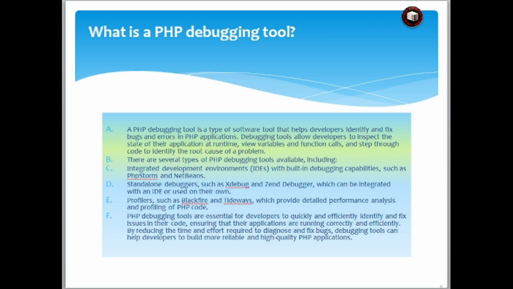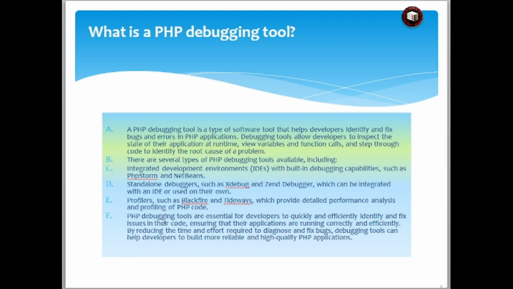There are several types of PHP debugging tools available, including integrated development environments with built-in debugging capabilities, such as PhpStorm and NetBeans, and standalone debuggers such as Xdebug and Zend Debugger, which can be integrated with an IDE or used on their own. Profilers such as Blackfire and Tideways provide detailed analysis.